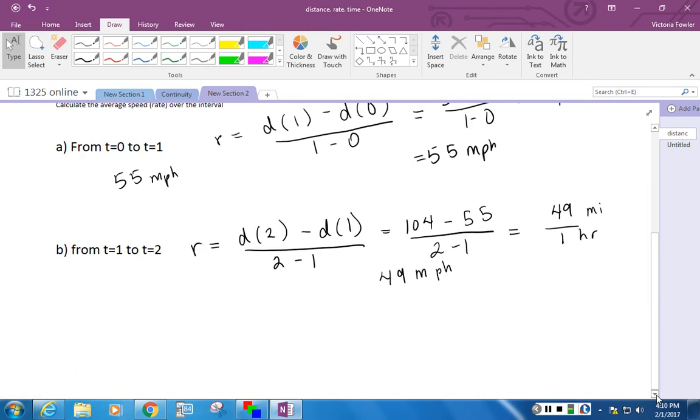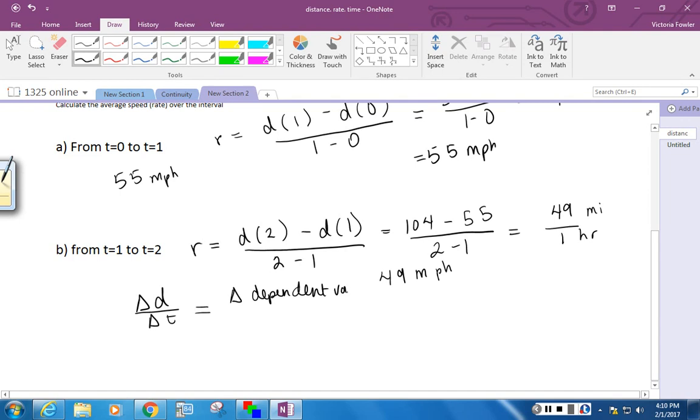And so what we're seeing is, I'll write it like this: change in distance over change in time, and that would be our change in our dependent variable over our change in independent variable.